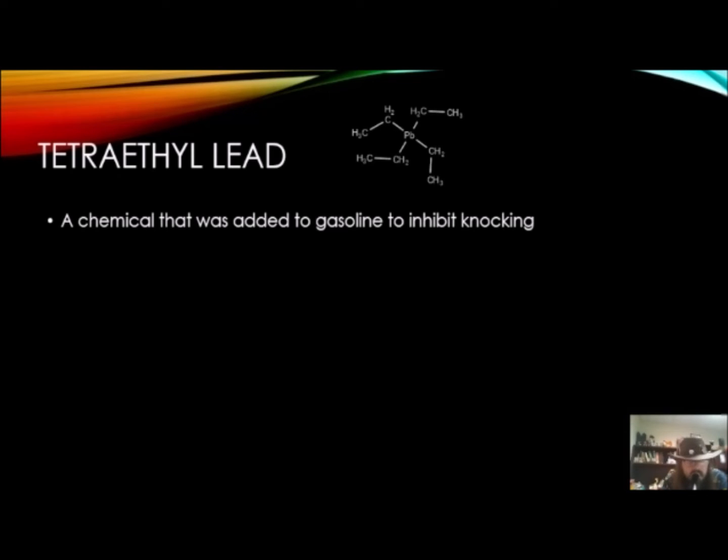At that point, getting branched hydrocarbons was too expensive, and we couldn't easily do that, which is why in 1922, Thomas Midgley of General Motors found a quick, cheap additive that could achieve that. He found that by adding 0.1% of tetraethyl lead to the gasoline, he could increase the octane rating by 10 to 15 points. People could have all the power they wanted without having very expensive gasoline.